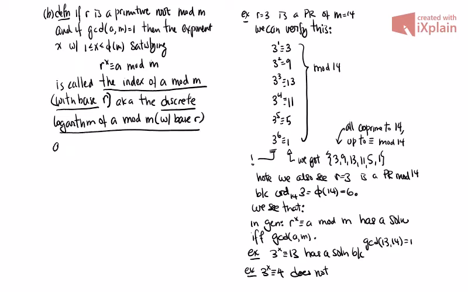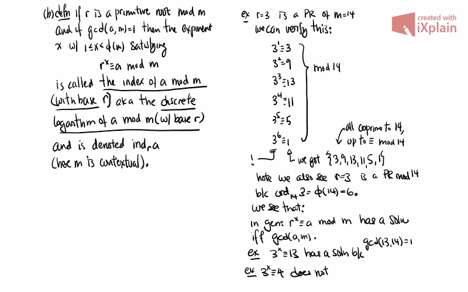And this is denoted ind sub r of a, which is even a little more confusing because there's no m in the notation, right? So here m is contextual. You will know what the modulus is that you're talking about, right?